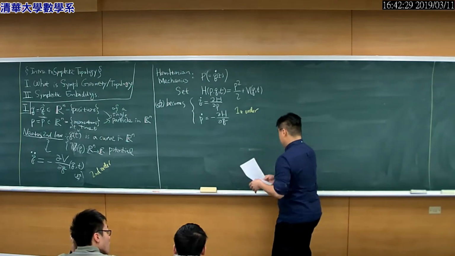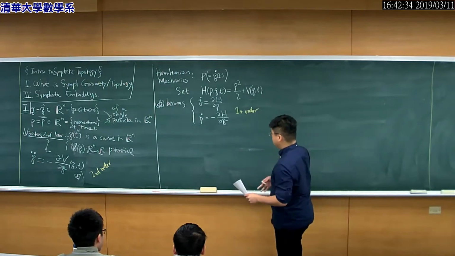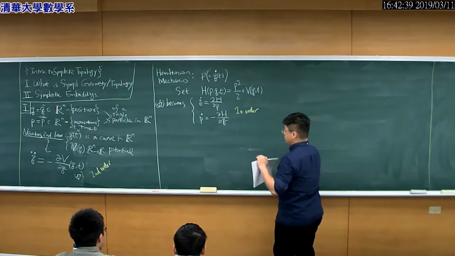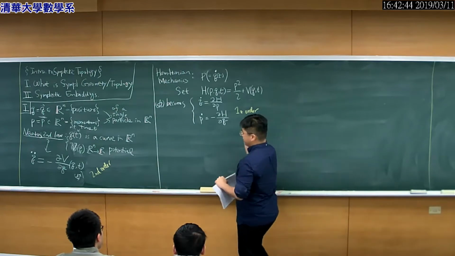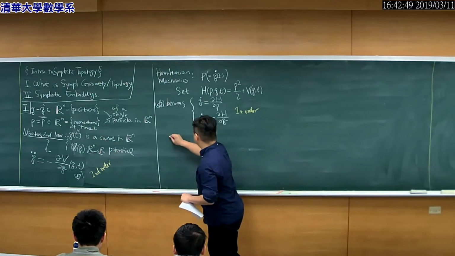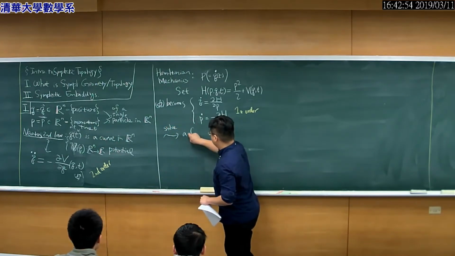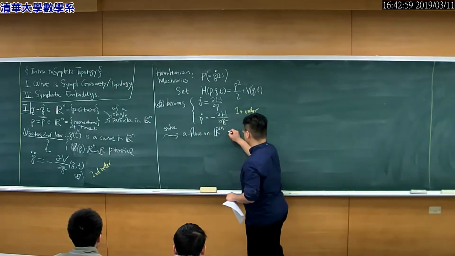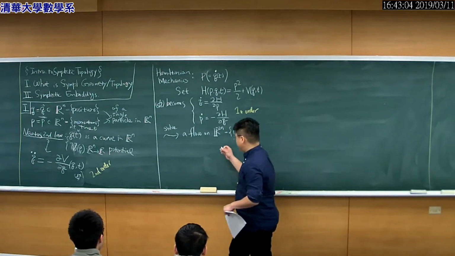But we want to consider this in a more geometric way. Say you know how to solve this equation, and that should give you a flow, not only on R^n, but on R^n times R^n. So this equation gives you a flow on R^n times R^n. Say fix a point. What is the flow?